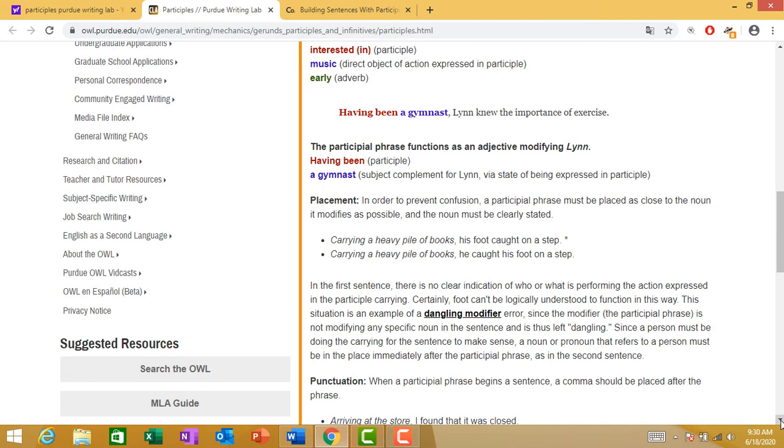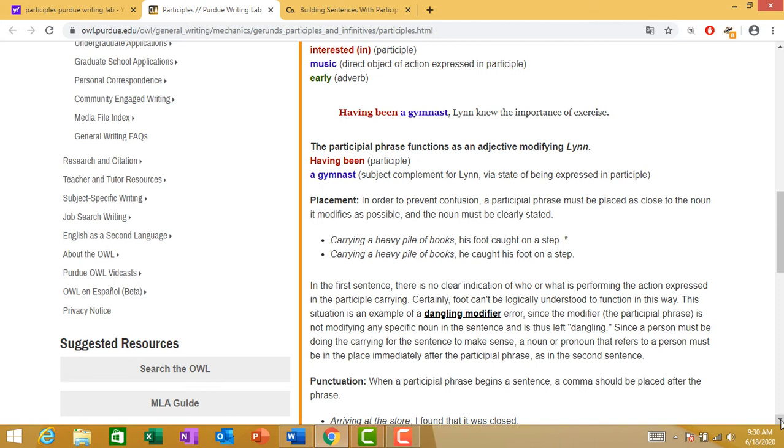When something is dangling, that means it's awkward. It's creating confusion. It's making it so that you can't understand clearly. It's pretty much a mistake. When a part of speech is dangling, it means that there is a mistake in the sentence.